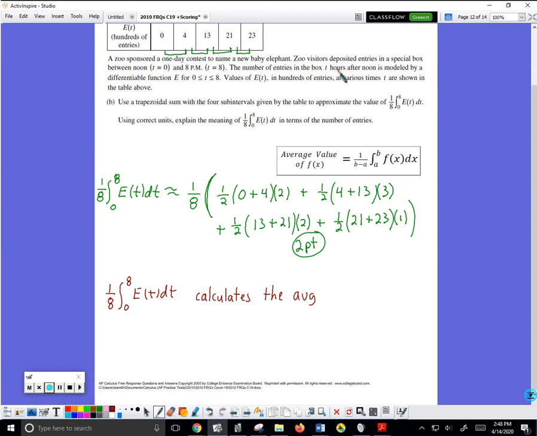So this is going to calculate the average number of entries in the box. In hundreds, you got to have the right units here. Hundreds of entries.